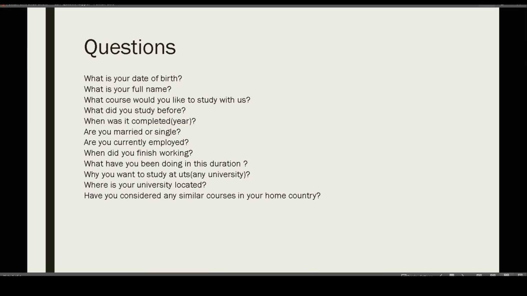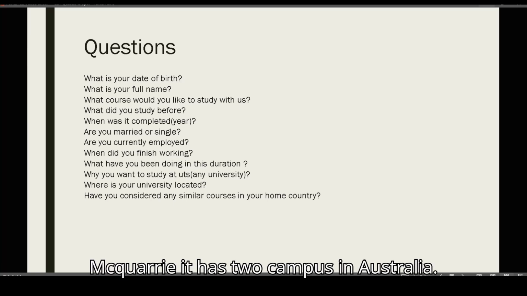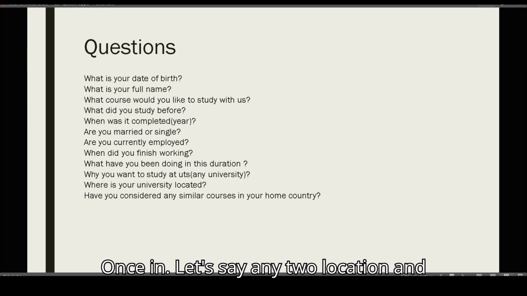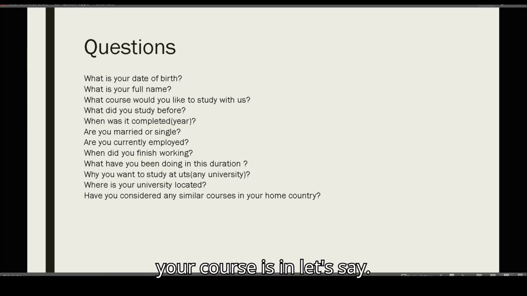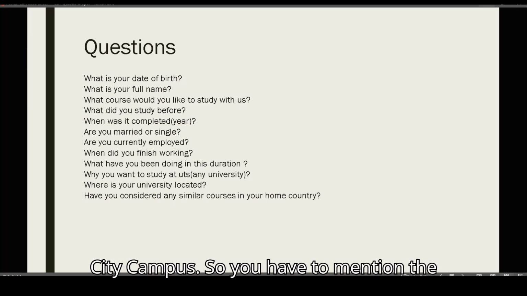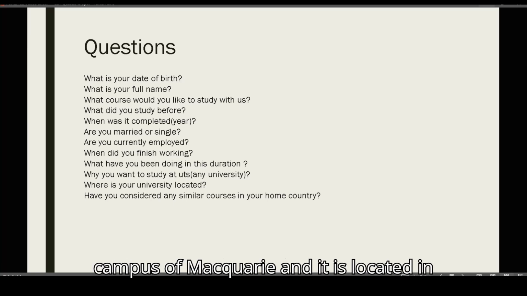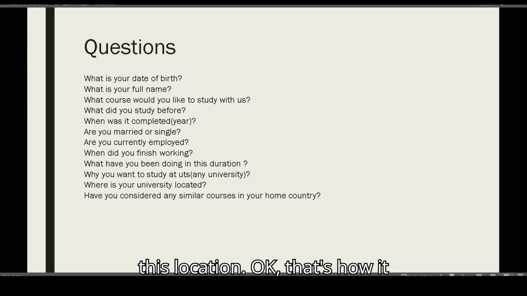Let's say there is a university, Macquarie, which has 2 campuses in Australia, and your course is in the city campus. You have to mention the name of your city campus, like I am going to be studying in the city campus of Macquarie and it is located in this location. Okay, that's how it works.